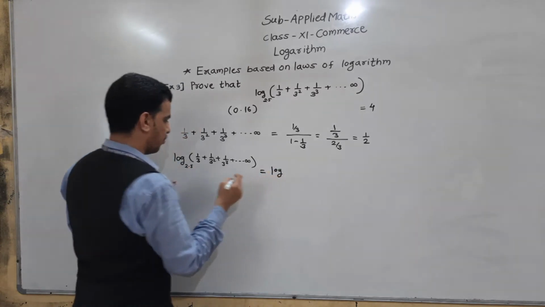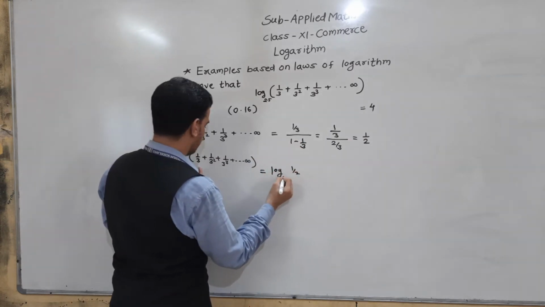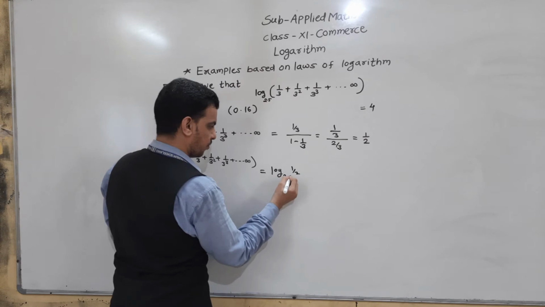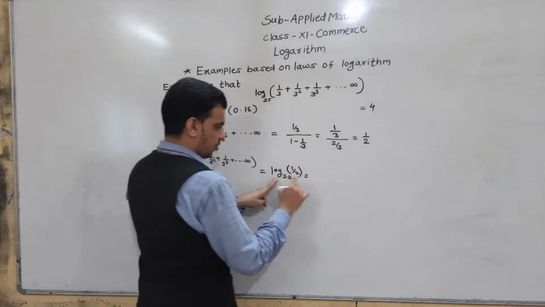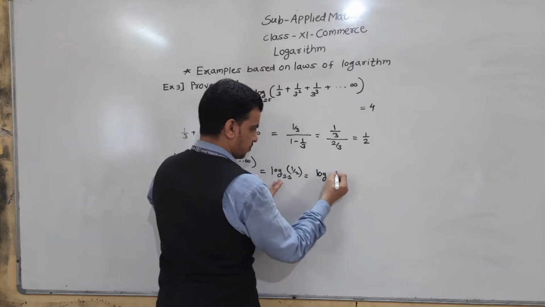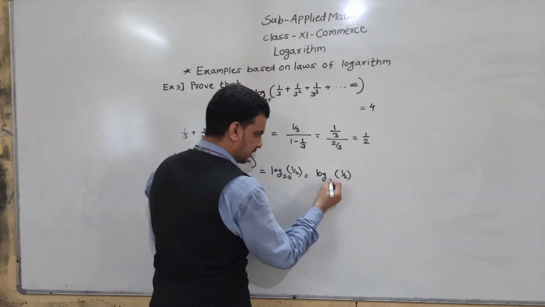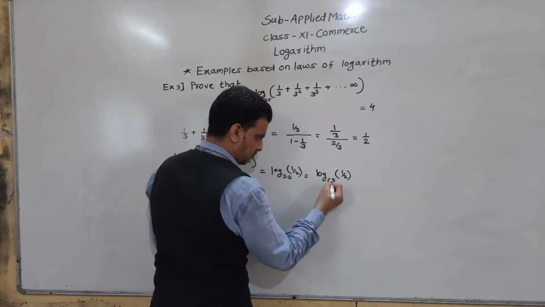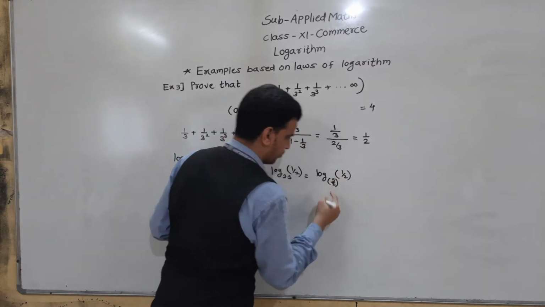The value inside the log is 1 by 2, so log of 1 by 2 to the base 2.5. Okay. Now see here, this 2.5 I can write as 5 by 2. So log of 1 by 2 to the base 5 by 2.